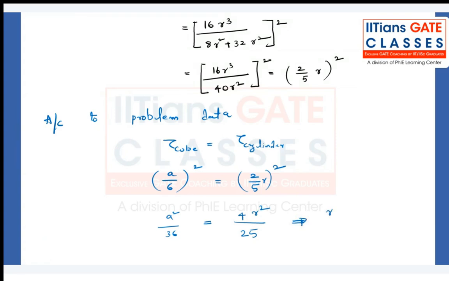There I'll go with r square by a square is equal to 25 by 36 into 4. Yes, guys, right? 25 for this side and r square this side.